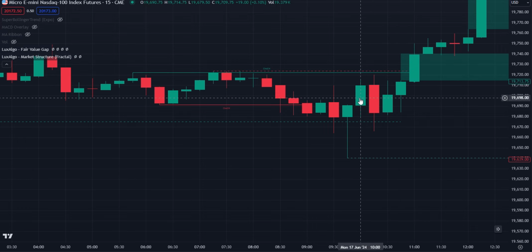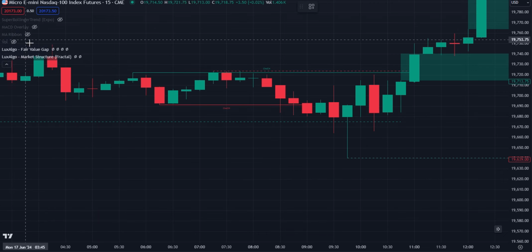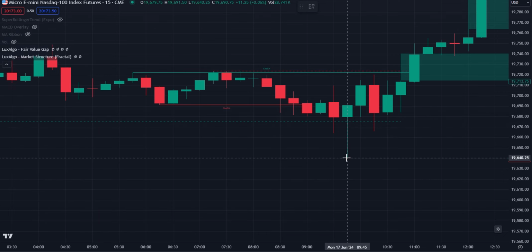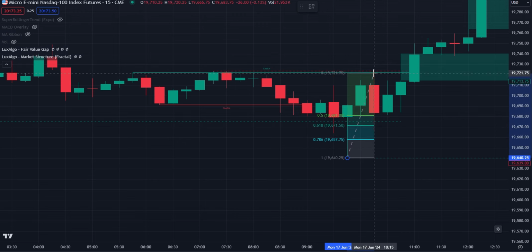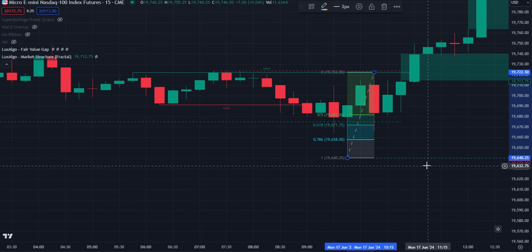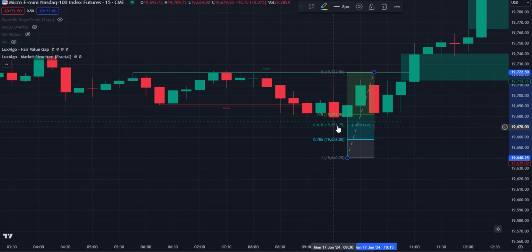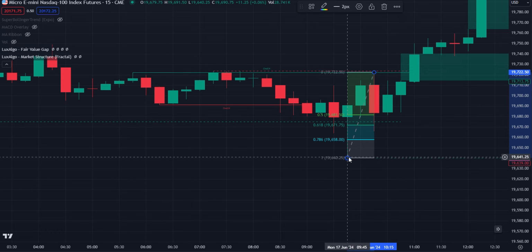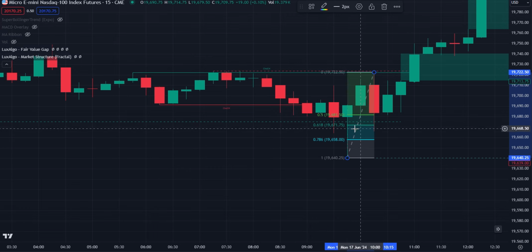And just to give you a feel for when you would want to get into some of these trades, if I draw a Fibonacci retracement here, we see this is the bottom, and we're looking for optimal trade entry, which is at 0.618 down to 0.786.